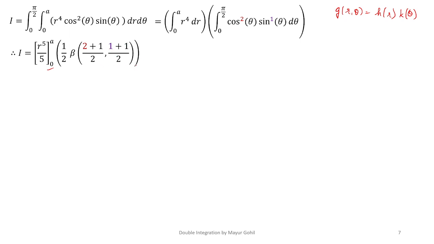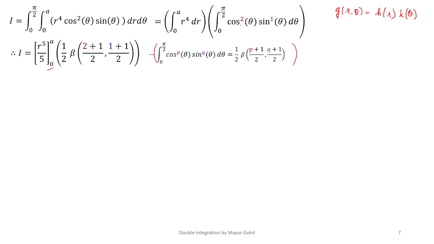Now how do I get that? This is a formula. Let me give you the formula. The formula says the integration 0 to pi by 2 of cos raised to p theta, sine raised to q theta is going to be half of beta of (p plus 1) divided by 2 comma (q plus 1) divided by 2. This is what the formula says.